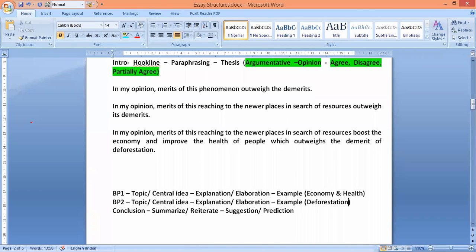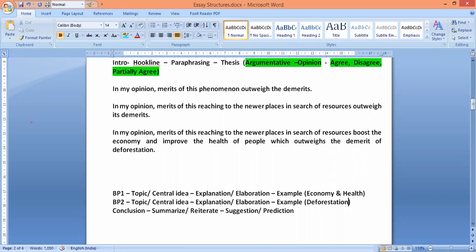It is very simple in terms of structure. If the question comes about advantages outweigh disadvantages, I'll write two advantages in BP1, I'll write one disadvantage, and in the conclusion I'll say these are the major advantages, but there is slightly a disadvantage of deforestation, but economy and health are the more important aspects for human life.